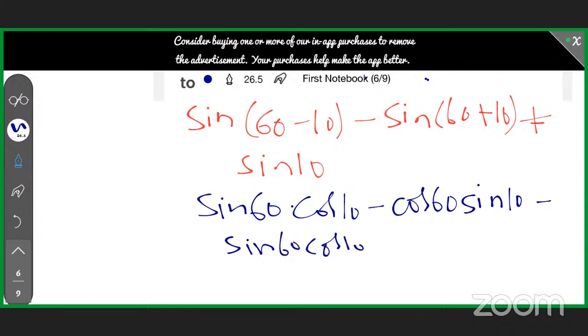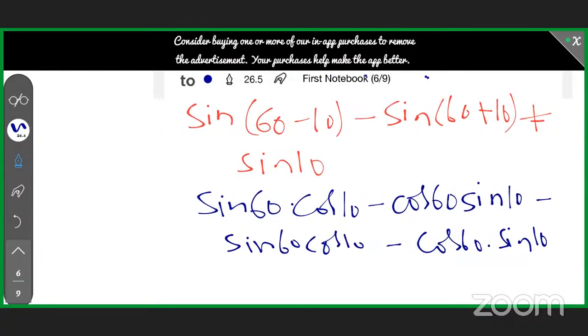So the formula for plus is plus; plus into minus again becomes minus. So it becomes minus cos 60 into sin 10 plus sin 10.